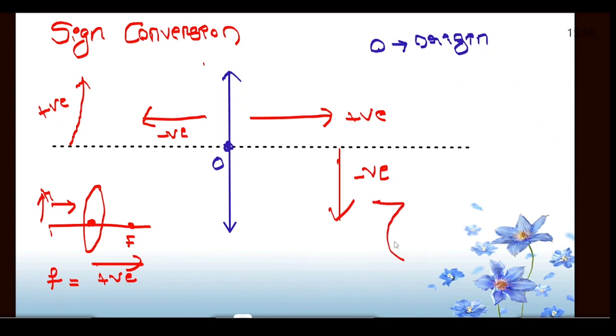And this is a concave lens. If a light ray is incident like this, then this is the focus. From the optical center, this direction is negative. So the focal length of a concave lens is negative. So remember this sign convention.